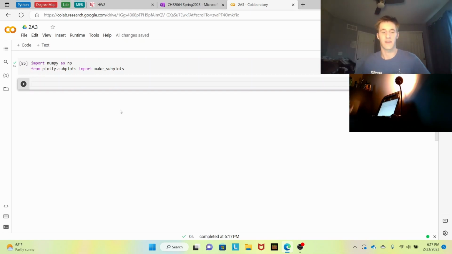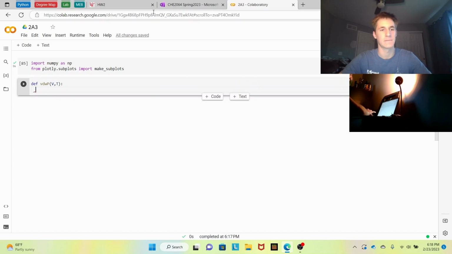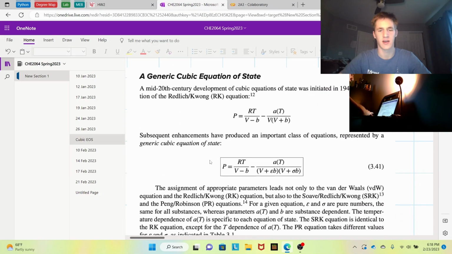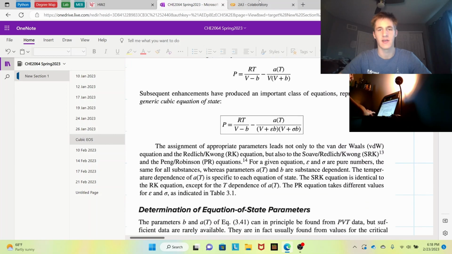Now we want to define our function, right? So if we define van der Waals pressure, because we were finding the pressure, and we use variables volume and temperature, those are our inputs. We can see here the equation of state. This is what we will return because we are finding the pressure.